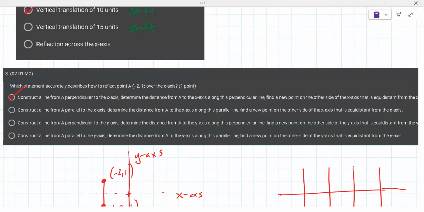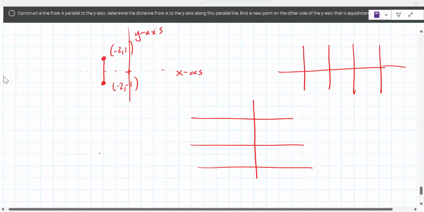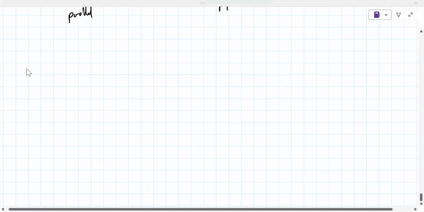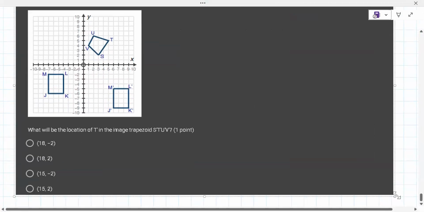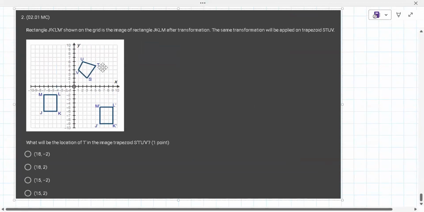All right, let's see if we can knock this last one out here. Rectangle JKLM prime. So it came from this one over here. JKLM turned into J prime K prime L prime M prime.